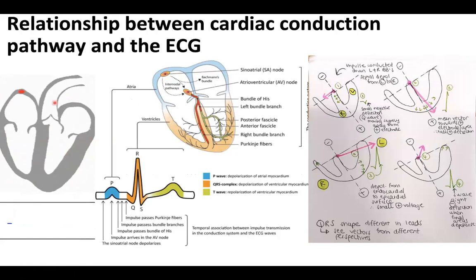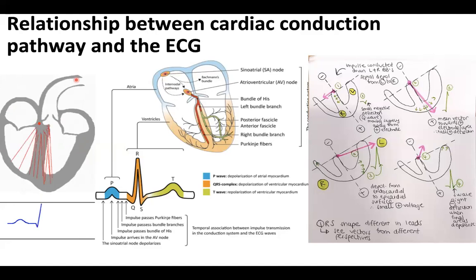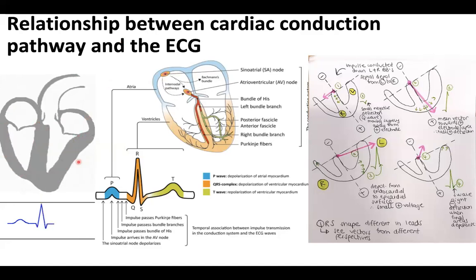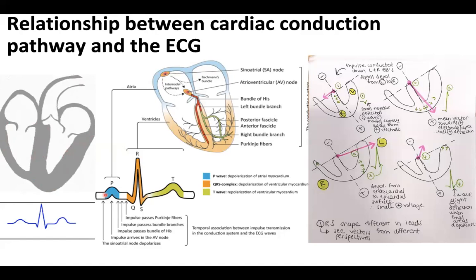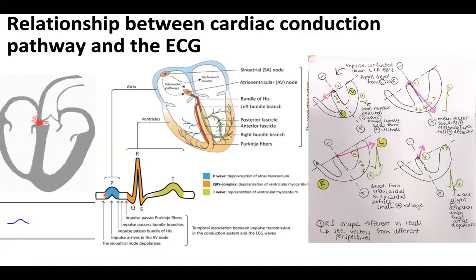This is from Wikipedia, just in terms of the relationship between cardiac conduction and the ECG. As I'm sure all of you know, the first wave on an ECG is the P wave, so this wave here. And this indicates atrial depolarization, and during this the atria are contracting, so basically atrial systole.